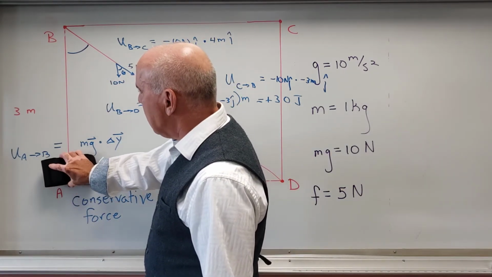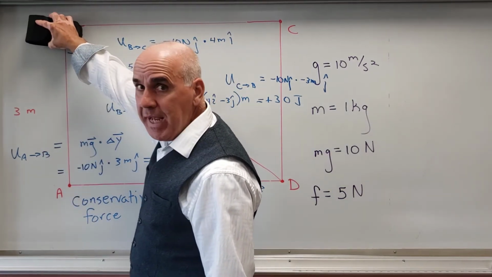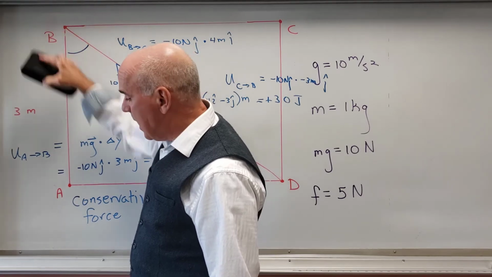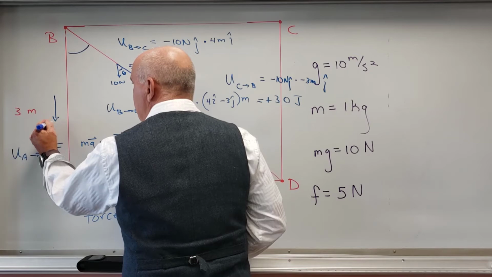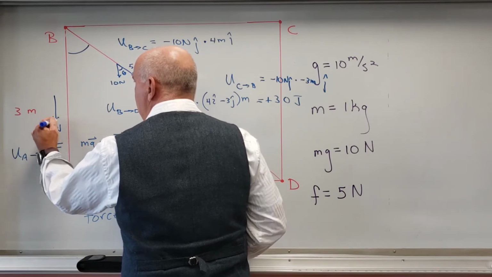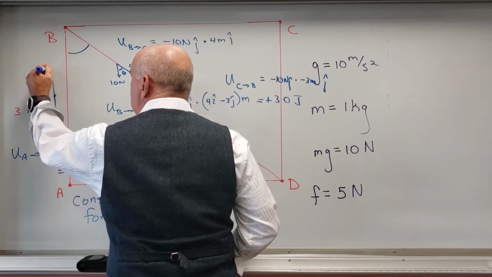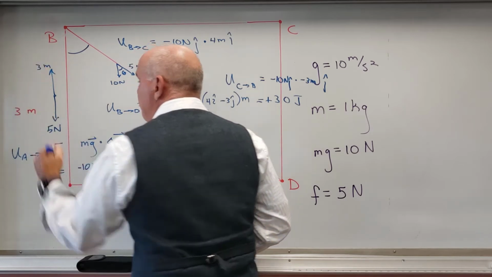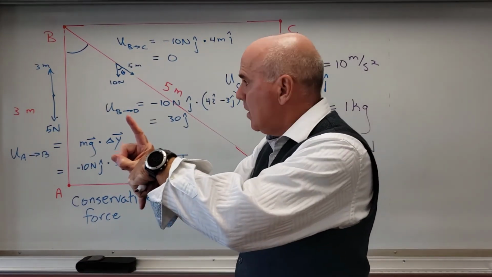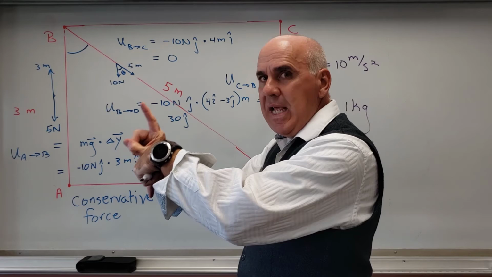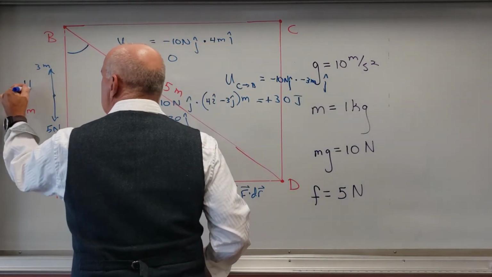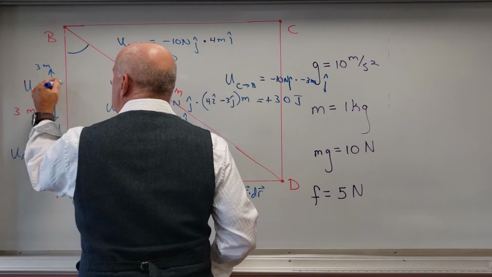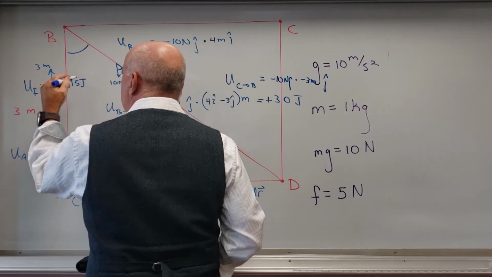So I slide this along the board from A to B. Well, that means that the frictional force is 5 newtons down, but the displacement is 3 meters up. So they're in the opposite direction. And so that's going to be negative 15 joules. So the work done by friction is equal to negative 15 joules.